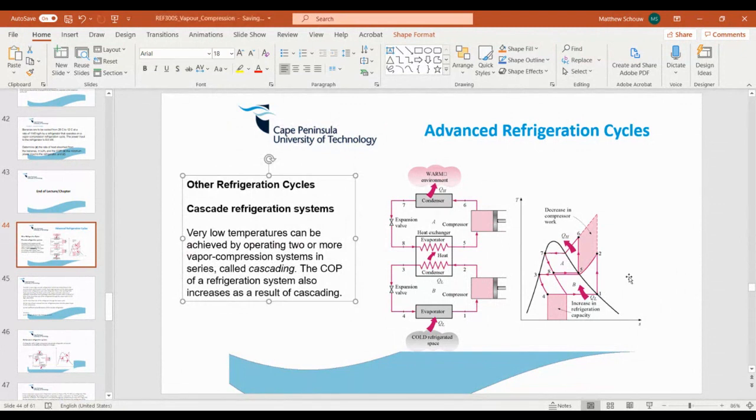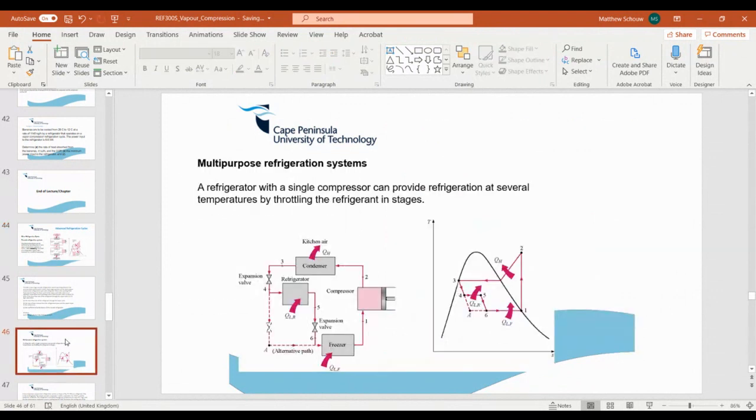We typically deal with medium temperature applications, but with 2 compressors you can actually cool further. We can also have a 2 evaporator system, which is basically what you have in your house with your fridge and freezer setup. You can look at that.